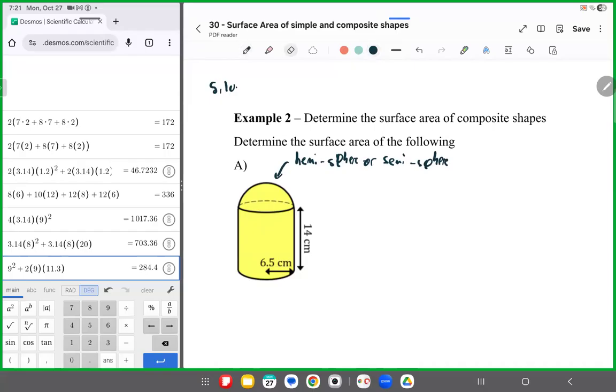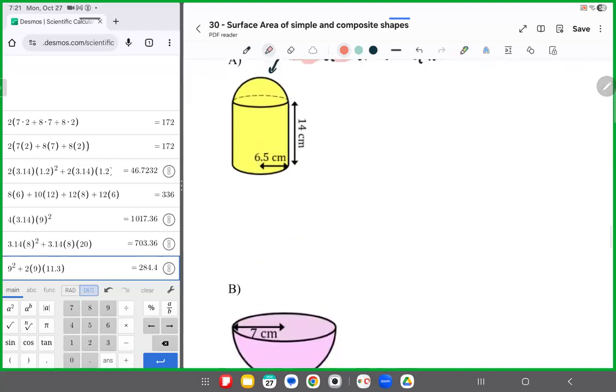But if you're not sure which term you should be using, you can just call it half a sphere, which is the easiest way to think about this. I've heard people call them all of these things, but the most correct name is hemisphere. So just keep that in mind. And we have a cylinder on the bottom.